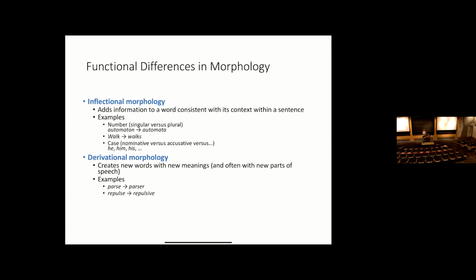So it's less predictable. With inflectional morphology, you're just adding pieces of information. And with derivational morphology, you're transforming a word in some way, its form and its meaning. All right. Thank you so much. You're welcome. Any other questions?